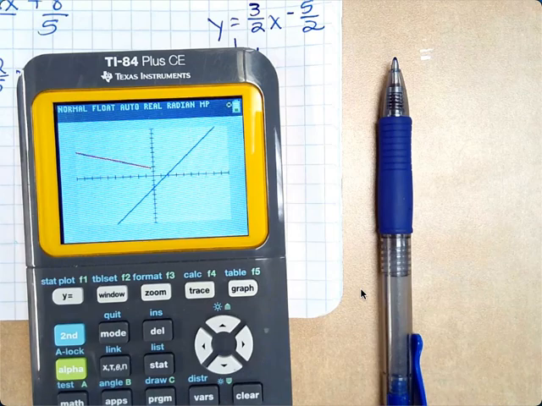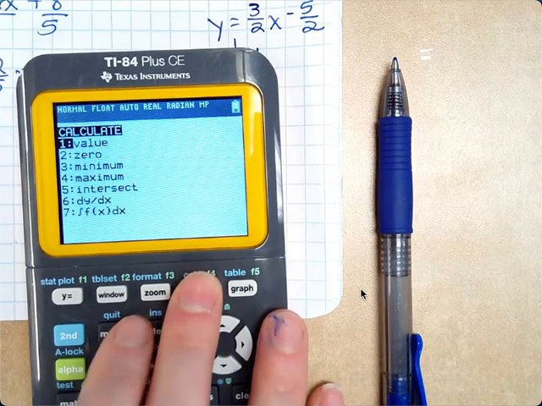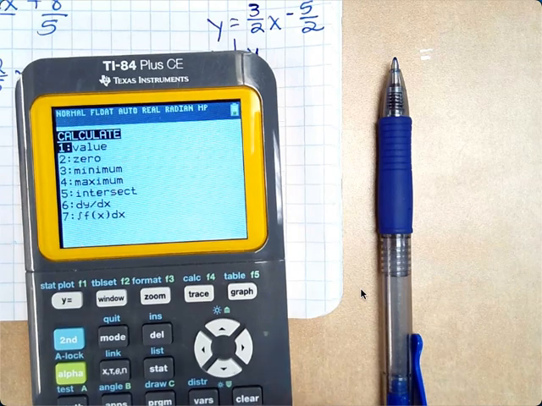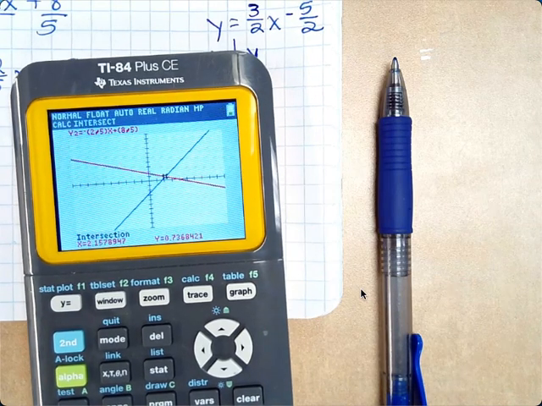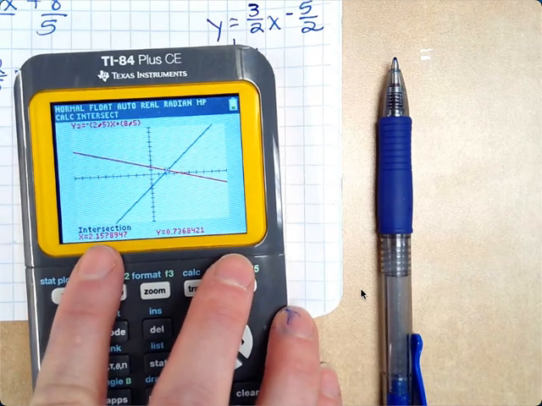So let's do the calculate steps. Once you have it in, second trace, which is calculate, intersect number 5, enter, enter, enter. And there's our solution.